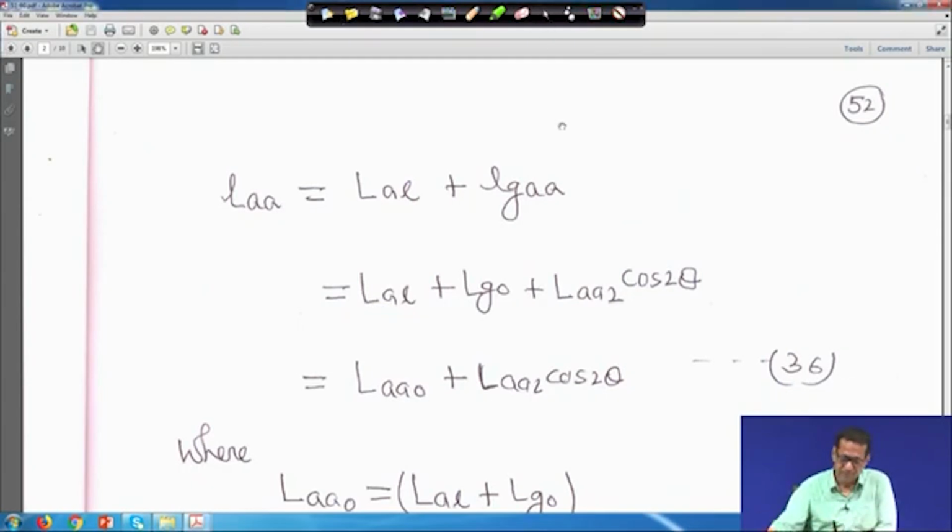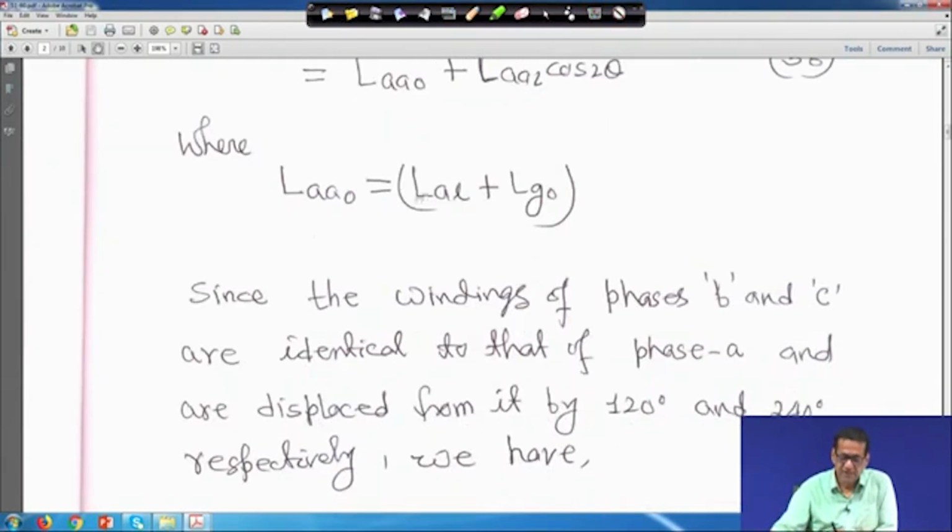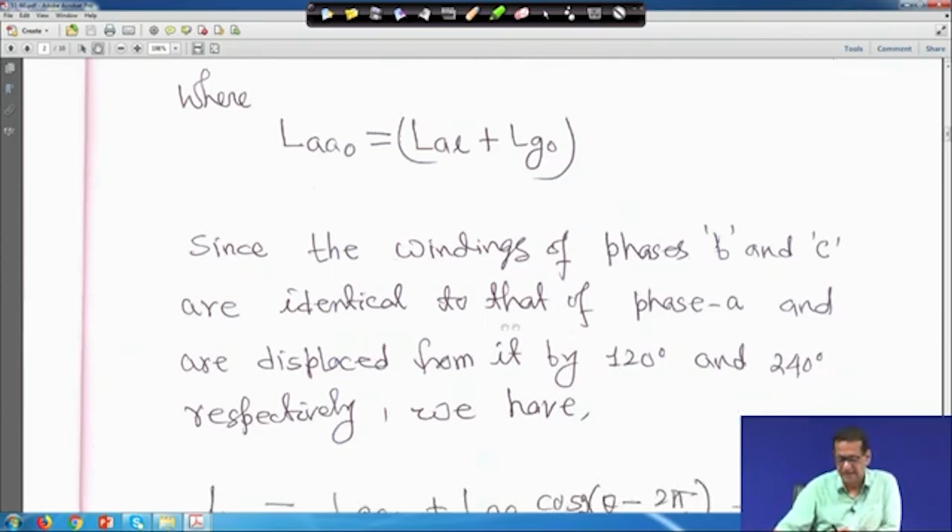Therefore L_AA0 is equal to L_Al plus L_g0. Since the windings of phases B and C are identical, because it is a symmetrical winding, they are displaced from phase A by 120 degrees and 240 degrees respectively.